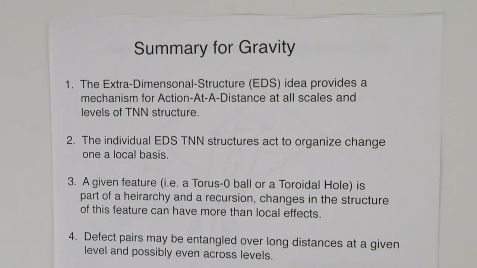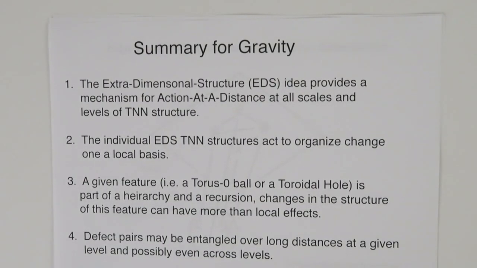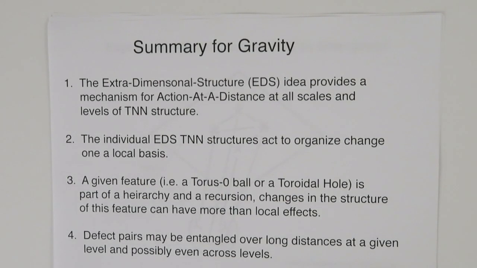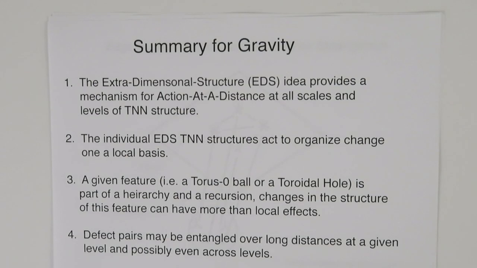The summary for this video on gravity brings the following points to the fore. The extra-dimensional structure idea provides a mechanism for action at a distance at all scales and all levels of the triangle neighborhood network structures. The individual EDS TNN structures act to organize change on a local basis.